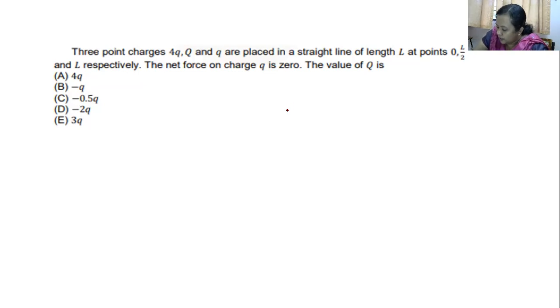It is given that 3 point charges 4q, then q, then capital Q are placed in a straight line of length L at points 0, L by 2 and L respectively. So we have to draw this accordingly.